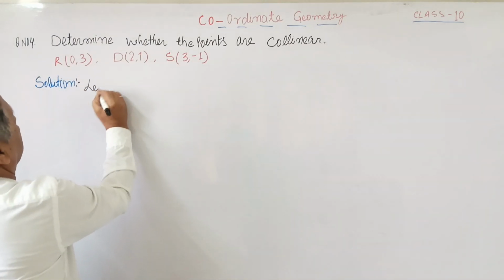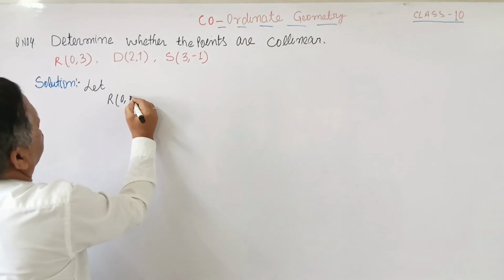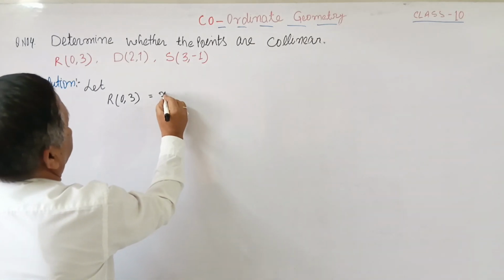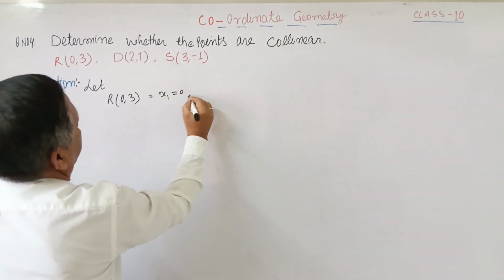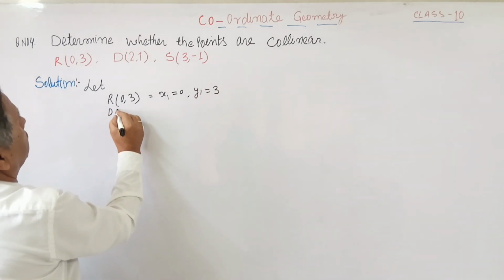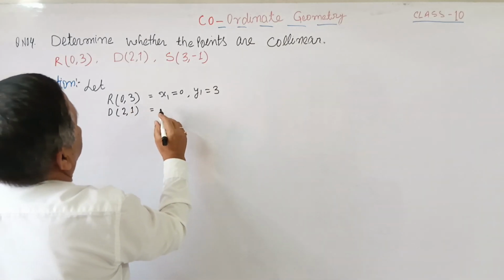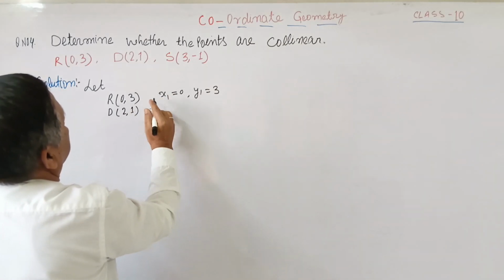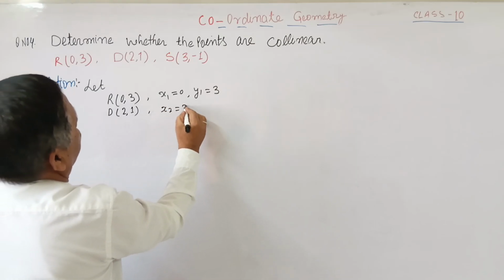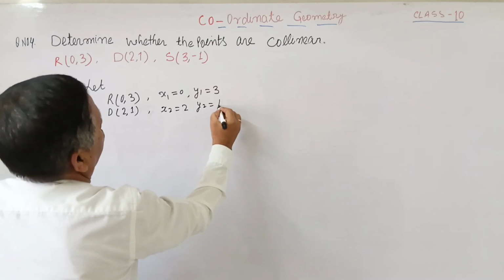Let R (0, 3), that is x1 equals 0, y1 equals 3. Similarly, D (2, 1), that is x2 equals 2 and y2 equals 1.